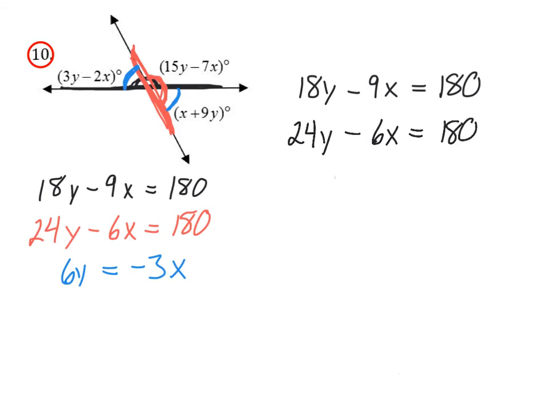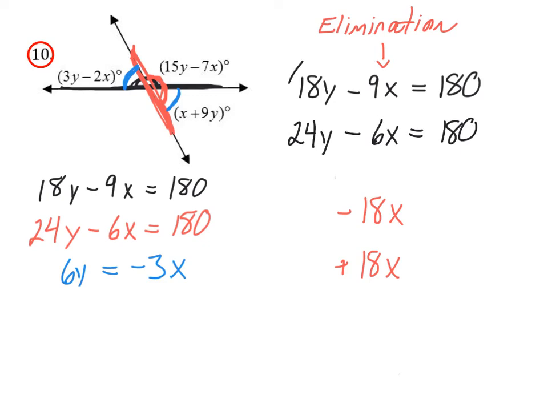Now, in this case, I want to try to use elimination. So therefore, I want to try to eliminate either my x or y variable. Let's try to focus on eliminating one of the x's. In this case, I'm going to have to change my equation. I want to make both of them so that they read negative 18x and positive 18x.